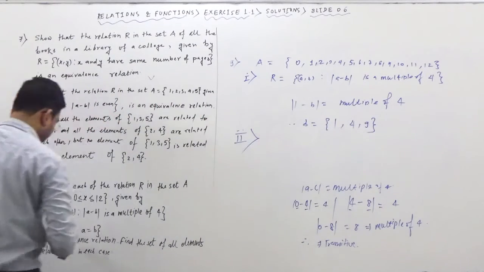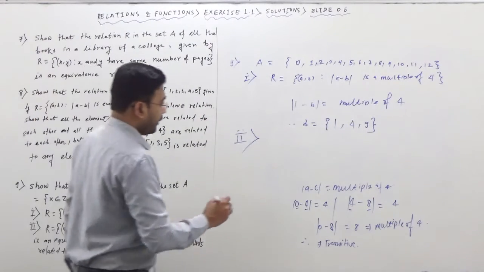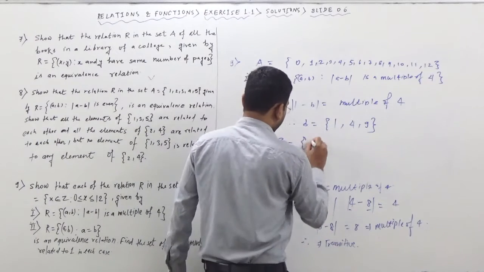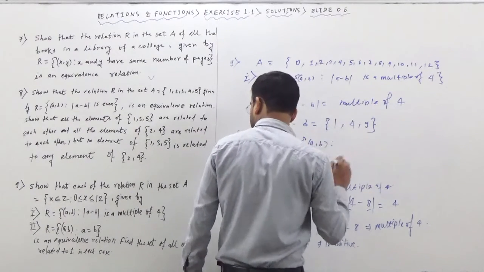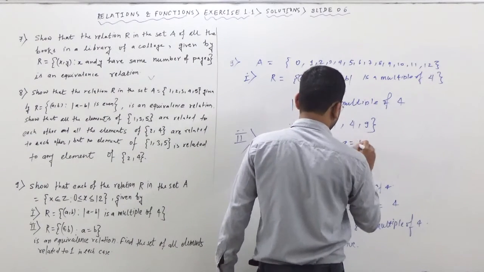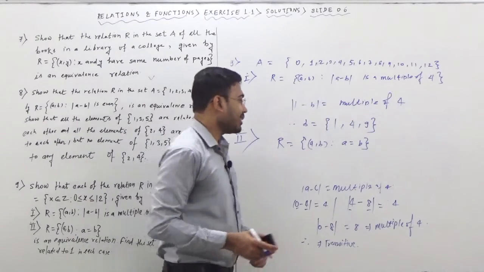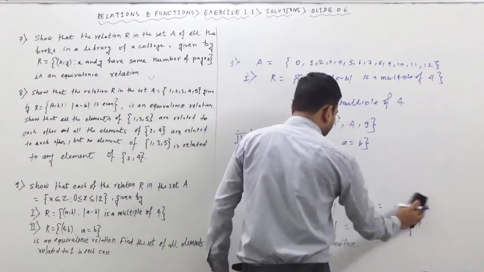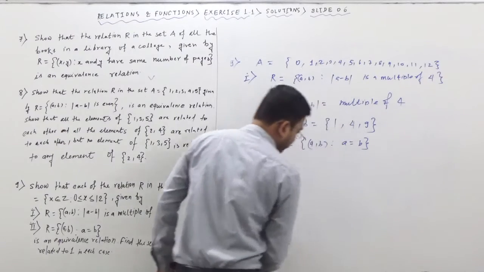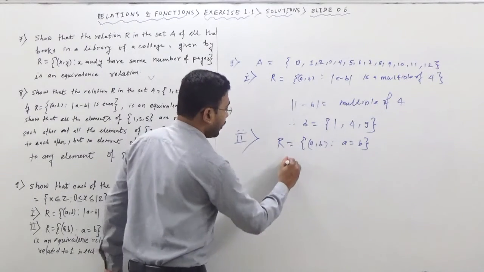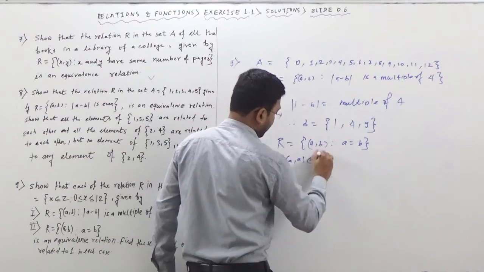Second question here, the relation is defined in this way: R is equal to (A, B) such that A is equal to B. So this relation is defined when A is equal to B. This is not the multiple case; this is A equal to B, meaning (A, A) belongs to this particular relation.